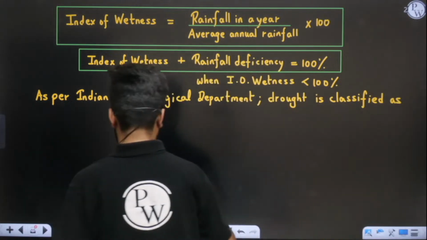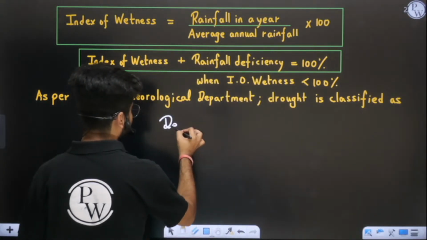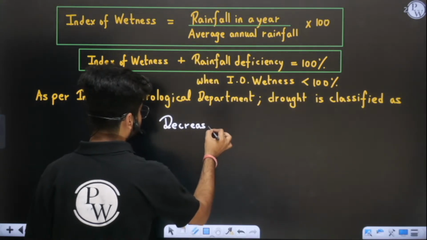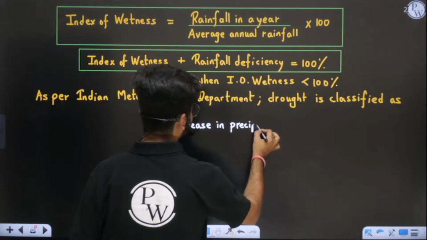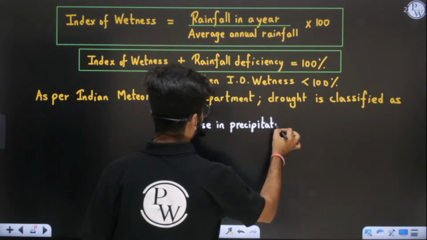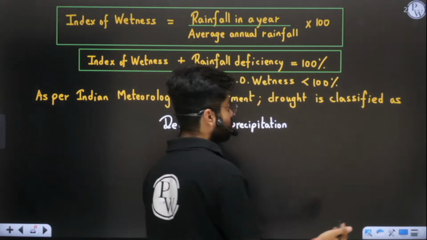See, 3 kinds of droughts are there basically. In the first column, I will write decrease in precipitation. In the second column, I will write what sort of classification this is.